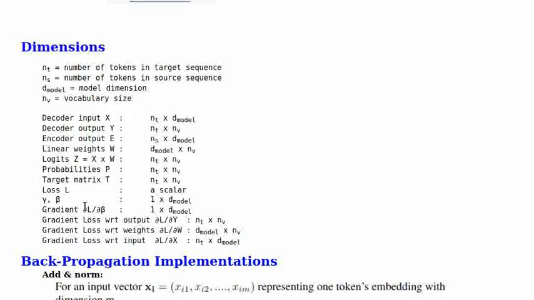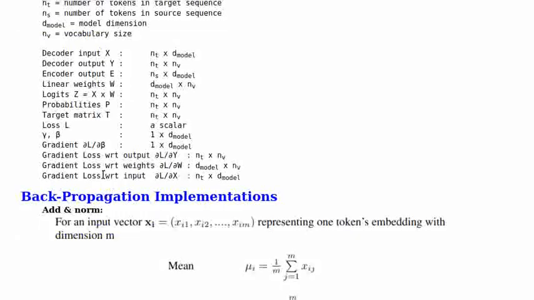Well, the same for dl d gamma. The gradient of loss with respect to output, dl dy, is nt times nv. And the gradient of loss with respect to weights, dl dW, is d model times nv. The gradient of loss with respect to input, or dl dx, is nt times d model.